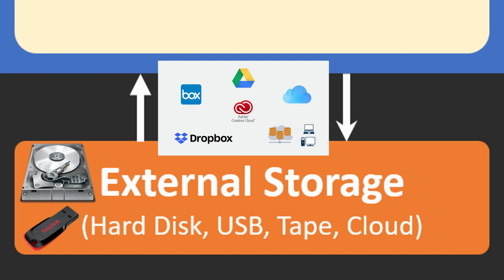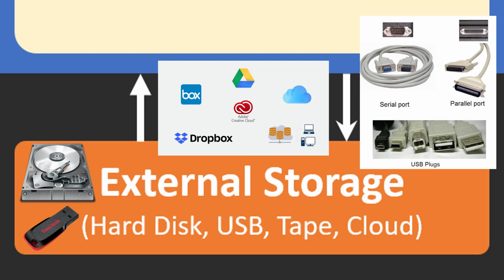Now, what we also have to think about is, how do we get this information in? Well, we have to have some way of taking that information, pushing it through and digitizing it. In the old days, we used to have things like serial ports and parallel ports, and you had cables all over the place.